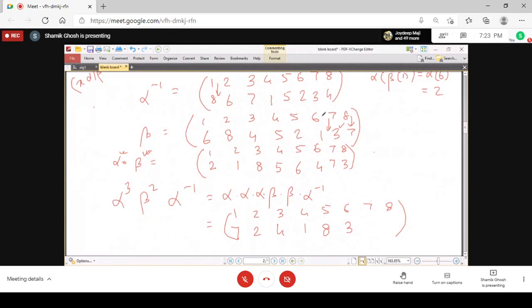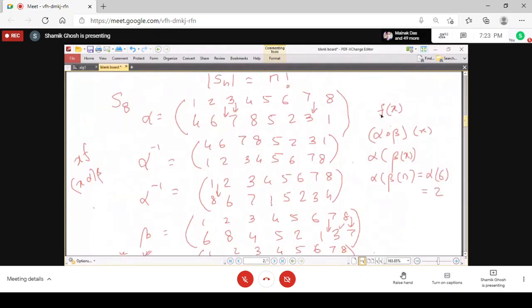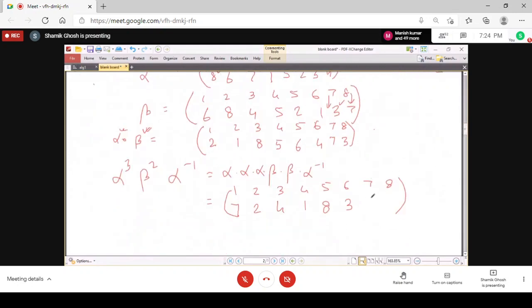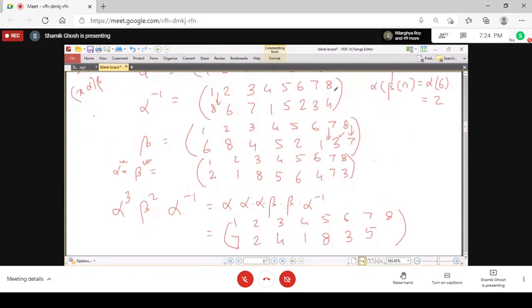Then 7, under alpha inverse, 7 to 3. Here 3 to 4, 4 to 5. From 5, 5 goes to 5, so with 3 applications of alpha it remains 5. So we have 5 here. And finally 8. Under alpha inverse, 8 is 4. And then 4 to 5, 5 to 2.